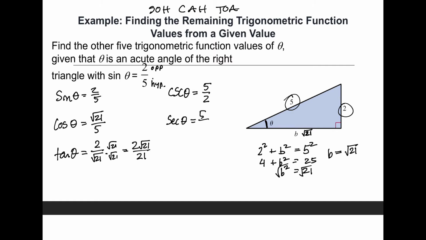That's 5 over root of 21, so we can already see that this is going to be 5 root 21 over 21, just rationalizing the denominator there. And then cotangent, well, that's going to be just the reciprocal of the tangent, so square root of 21 over 2. And those are my trigonometric functions for this particular triangle.